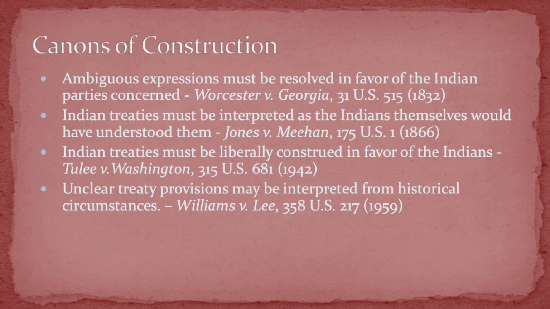So all of these canons work together so that when we are looking at treaty language and a dispute does go to the court system, these are the canons that the Supreme Court justices can and should apply. Now, they all sound great, but it's still up to the justices to actually apply the language and go through their analysis and logic.